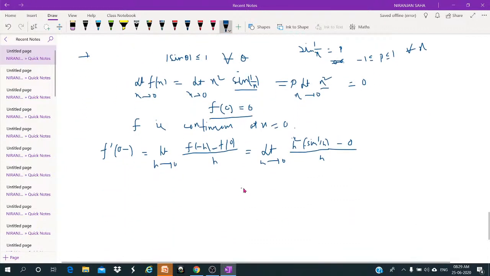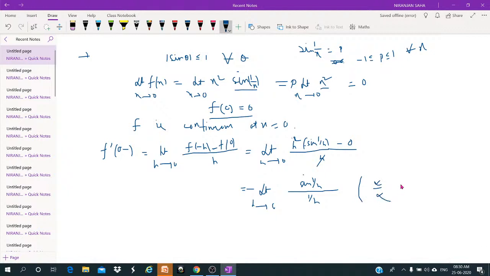So what we will have is the limit as h tends to 0, bringing the minus in front, and the h will vanish, and this will be sine 1 by h divided by 1 by h. So it is an infinity by infinity form.